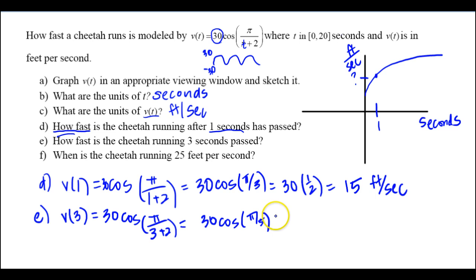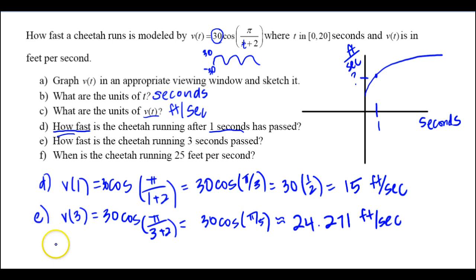So we don't know what this is exactly, and we'd have to do it on our calculator. I'll tell you that it is about 24.271, again, feet per second. So this cheetah is picking up speed pretty fast. At 1 second, it's going 15 feet per second, and after 3 seconds have passed, it's running 24.271 feet per second.